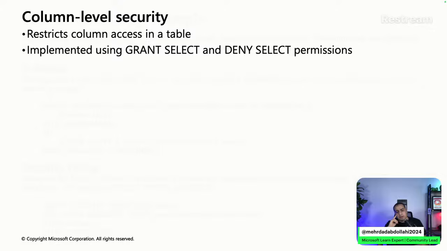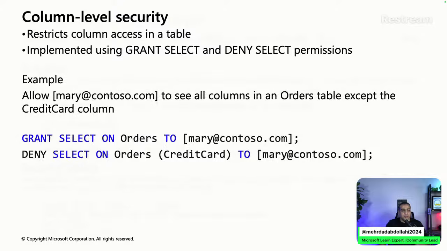Another security option that is available in warehouse is the column level security. That is basically restricting the column access in the table. It is directly saying grant select or deny select permissions for the users.